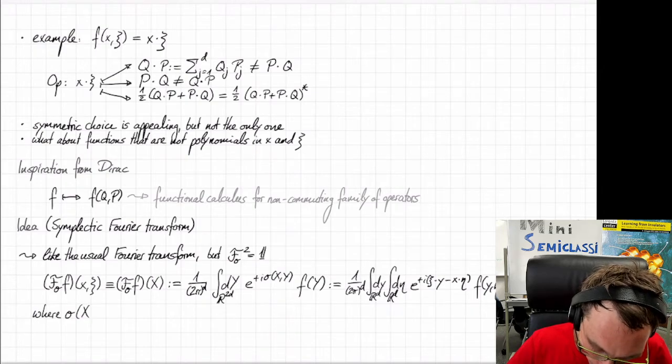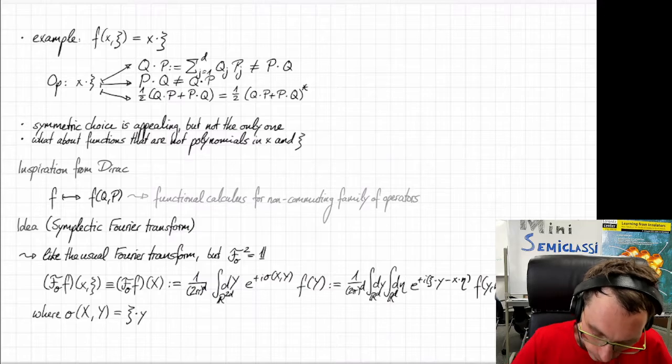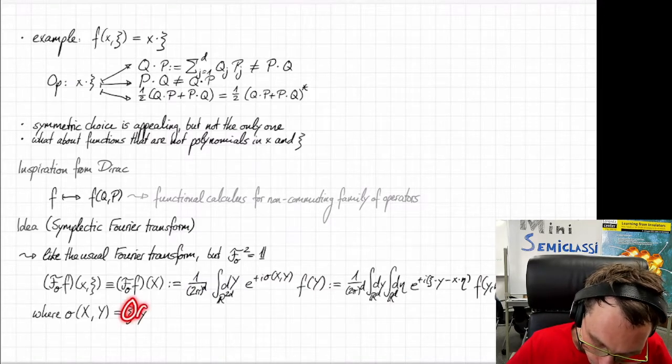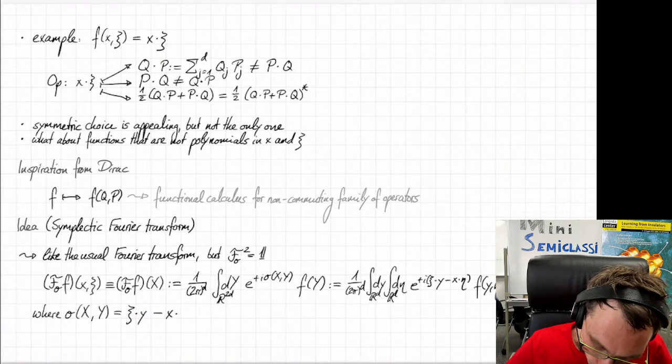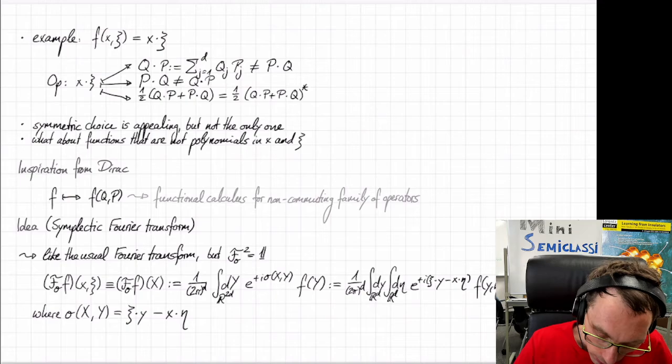Let me write it a little bit bigger. So this is psi dot y. So you pair a position with a momentum, with a position minus x dot eta.